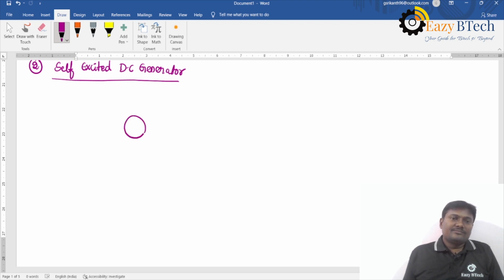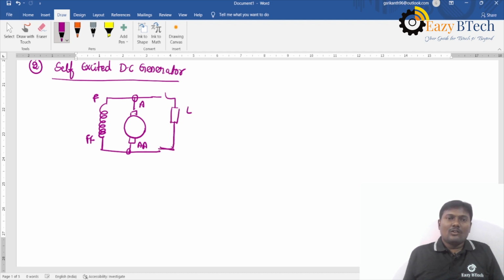So here the armature terminals are represented with A and AA, and the field winding is connected in shunt with the armature. The field terminals are F and FF. F and A will be short circuited and FF and AA will be short circuited and take a terminal out, and you can connect one external load.